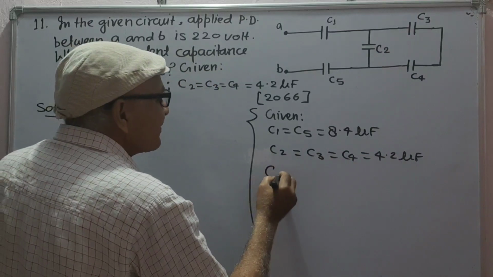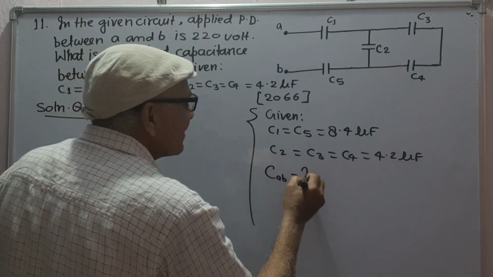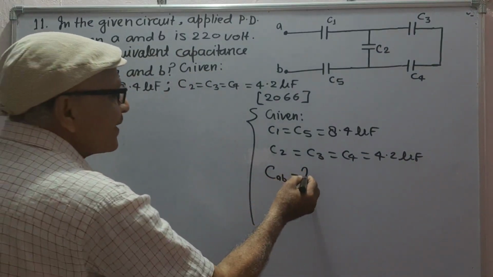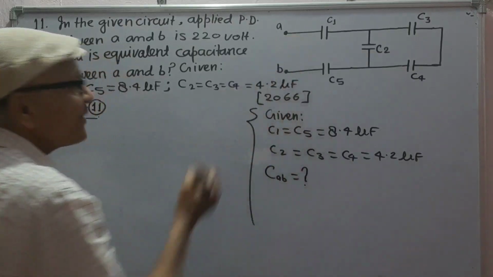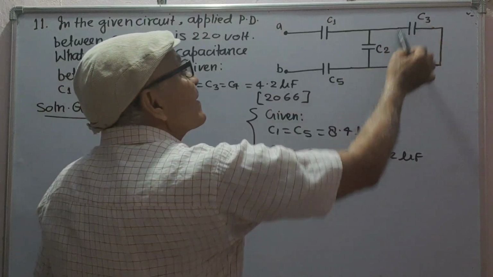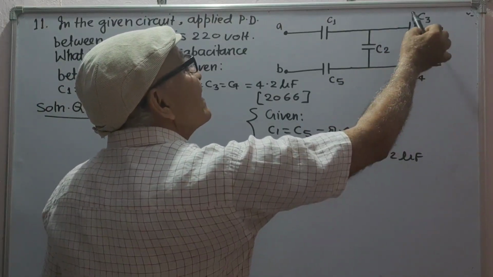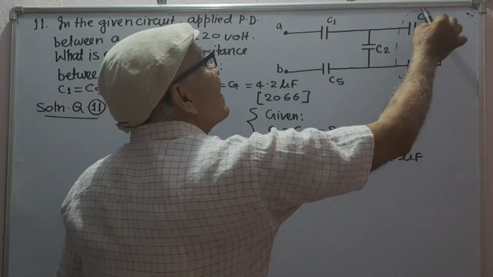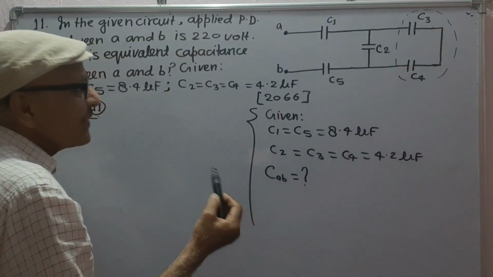We have to find CAB, means resultant capacitance between points A and B. Now C3 and C4 are in series. These two capacitors are in series.